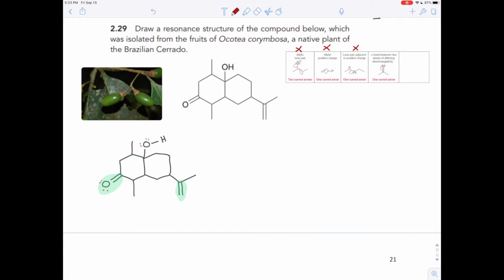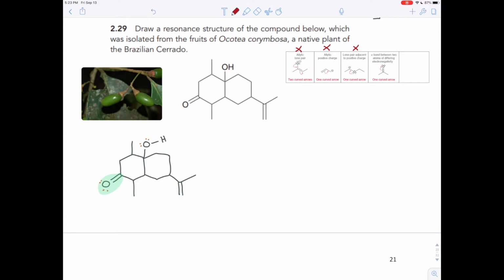Now, this pi bond at the right is between a carbon and a carbon, and those have the same electronegativity. The electronegativity increases as you go up and to the right on the periodic table. Carbon and carbon, those are in the same place. So those have the same electronegativity. So although we have a pi bond there, it's not between atoms of differing electronegativity. So that isn't involved in resonance.